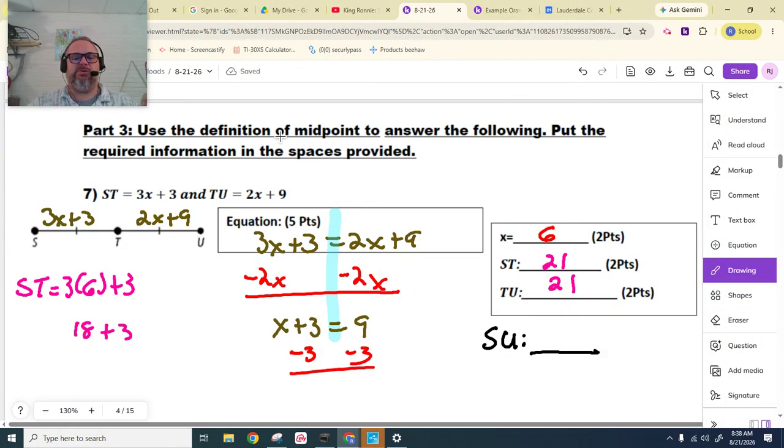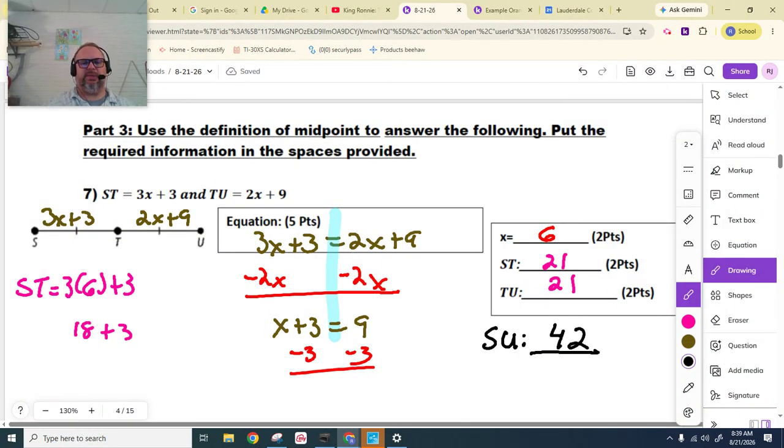All right, how many of y'all doubled this for the second one? That's fine. If you did, just mark it out, put SU right there. I didn't catch that. I was typing stuff out and falling asleep yesterday afternoon during 7th period. So this is 42. All right.